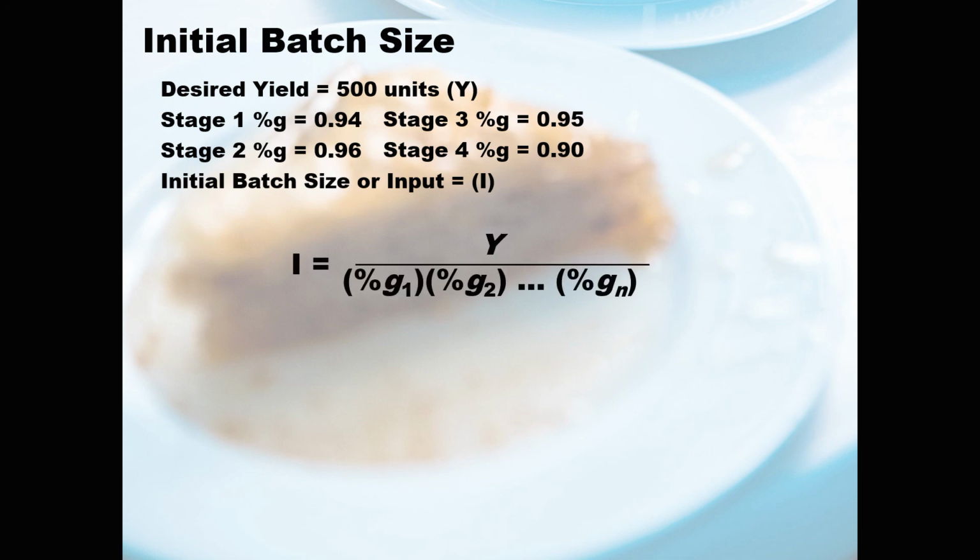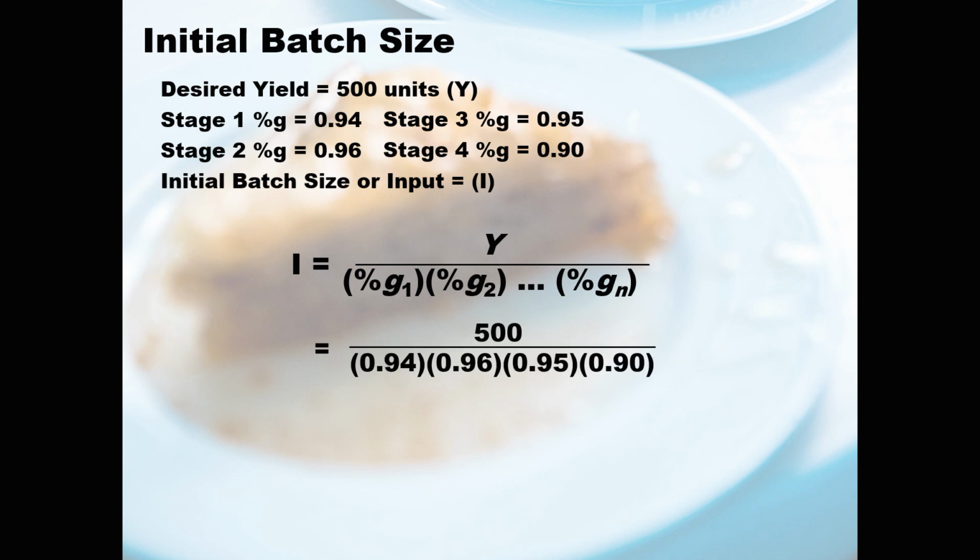This is the equation for calculating the initial batch size with the desired yield. So the equation is I equals the desired yield divided by the percentage good for stage 1, the percentage good for stage 2, all the way out to the percentage good for stage N.